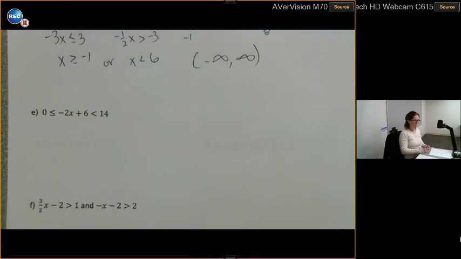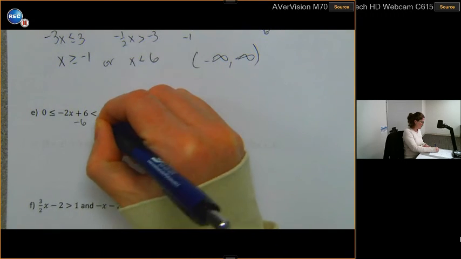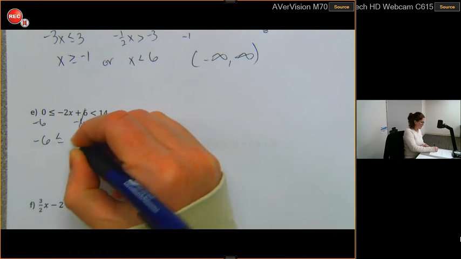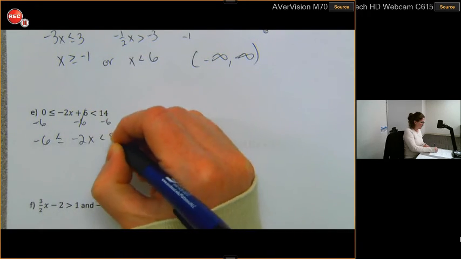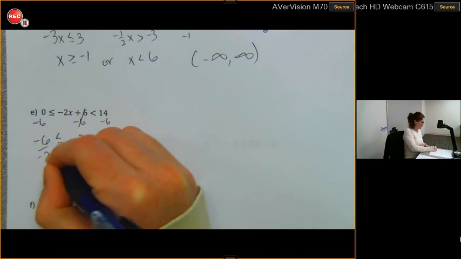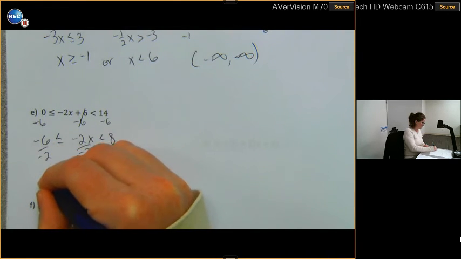Part E is a compact inequality, so I'm going to solve this by getting my variable by itself in the middle. Dividing by -2, so I'm going to switch the direction of the signs. Oops, it's 3.